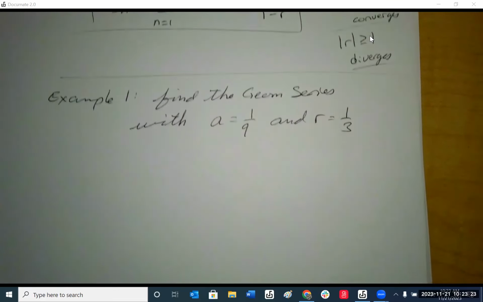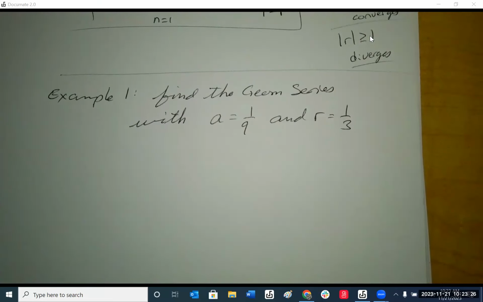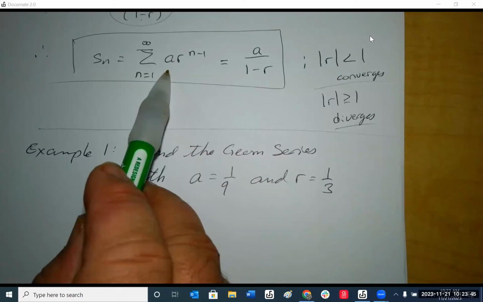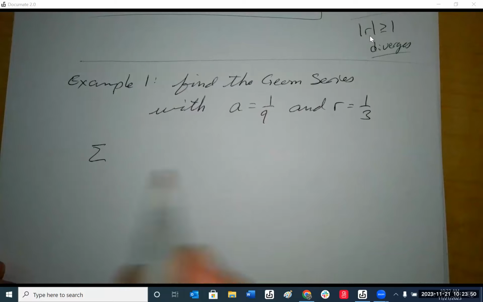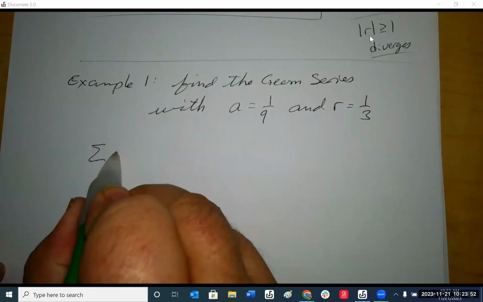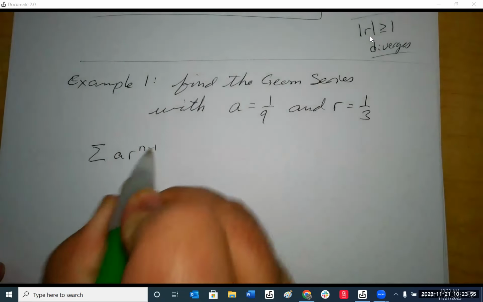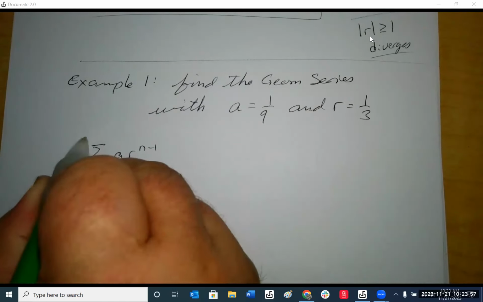So we just plug in those values into the equation and see what happens. This is the formula we'll be using. So we use the summation, because we're looking for just the sum of the sequence, the summation of AR^(n minus 1) from n equals 1 to infinity.